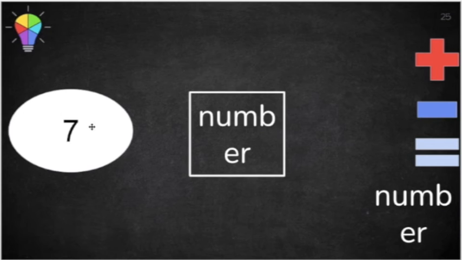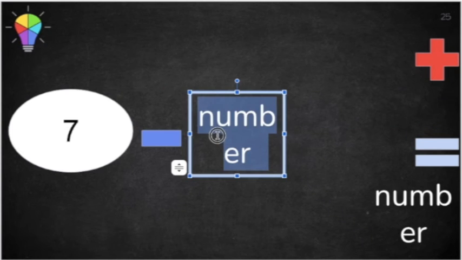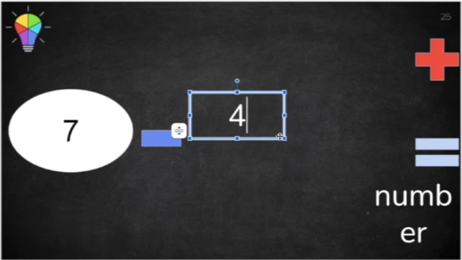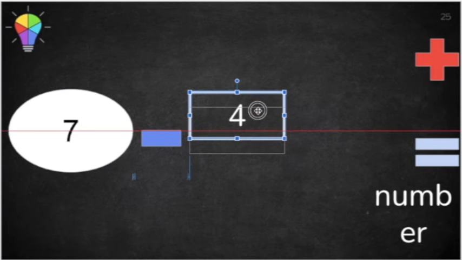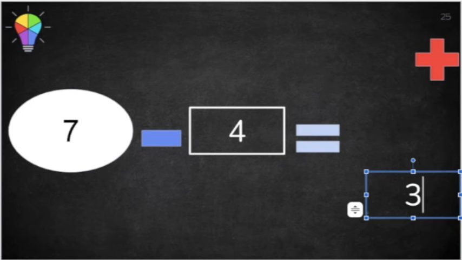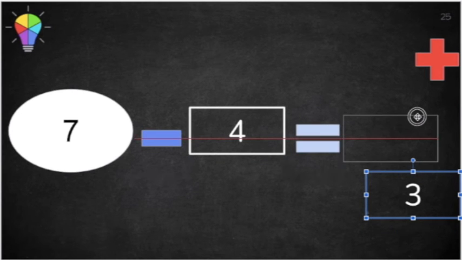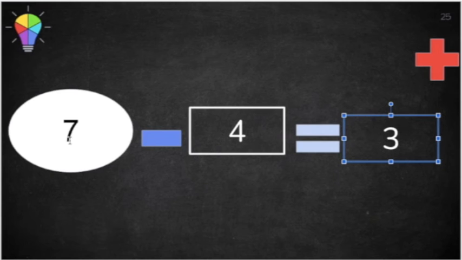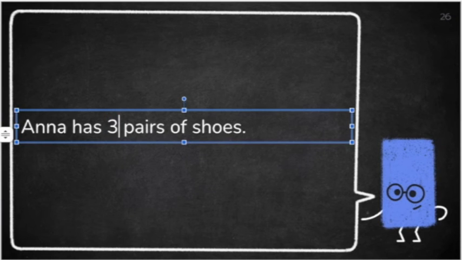Anna's sister has 7, and that is 4 more, which means you have to do the opposite to find out how many Anna has. So Anna actually has 7 minus 4, 3 pairs of shoes. Anna has 3 pairs of shoes.